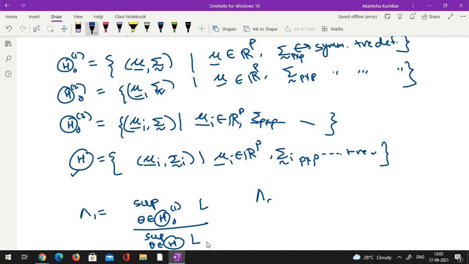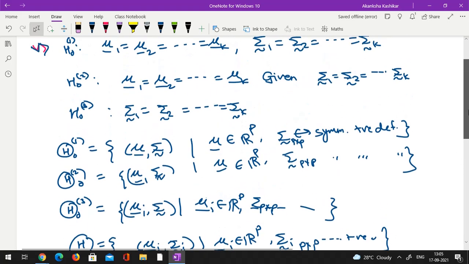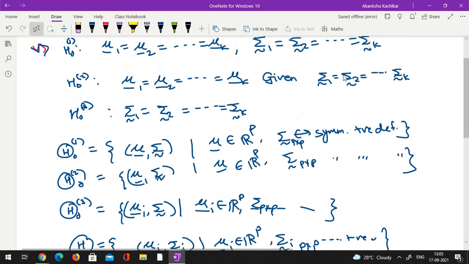Now for the second hypothesis, what do I have? Sigmas are given to be equal. For the second null hypothesis, sigmas are given to be equal. So for the second hypothesis, the null parameter space is still the same, the first, this script theta not 1, whereas the overall parameter space would be this.